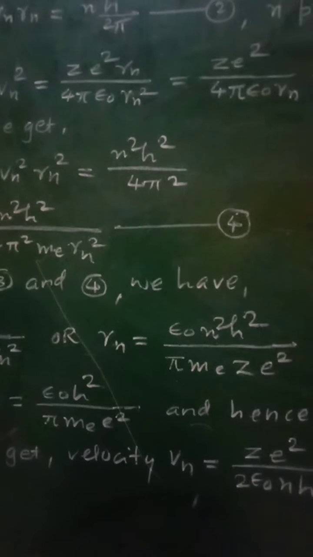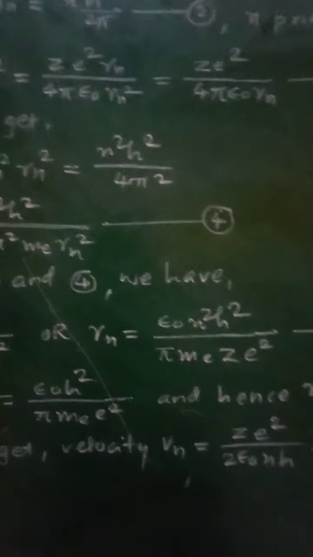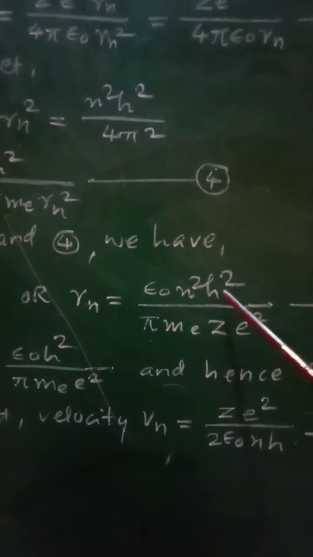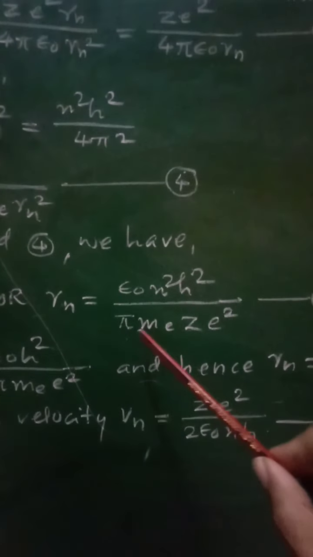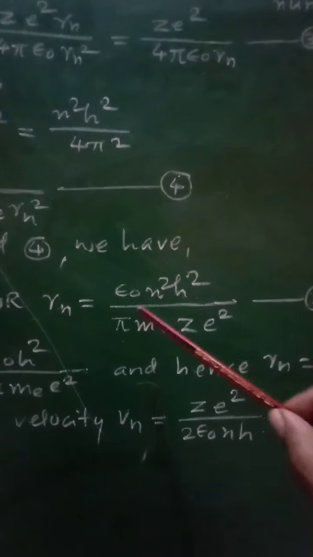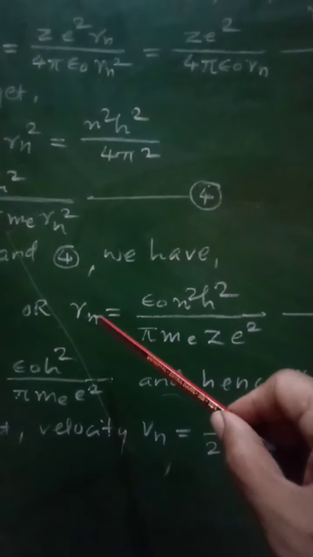Now from this relation, Rn equal to epsilon 0 n square h square upon pi me Z e square, if we put these constant values then we will get the value of r1.